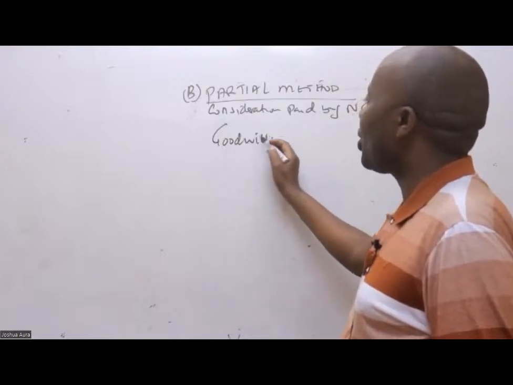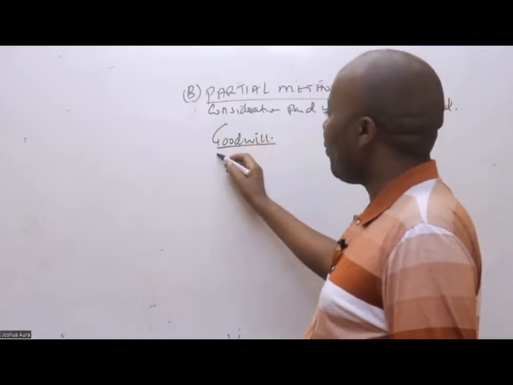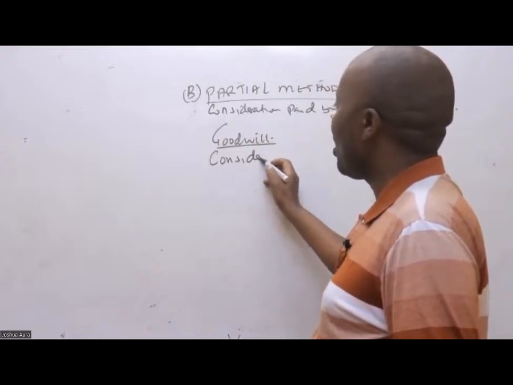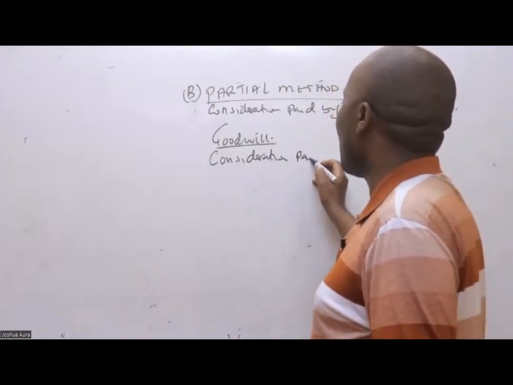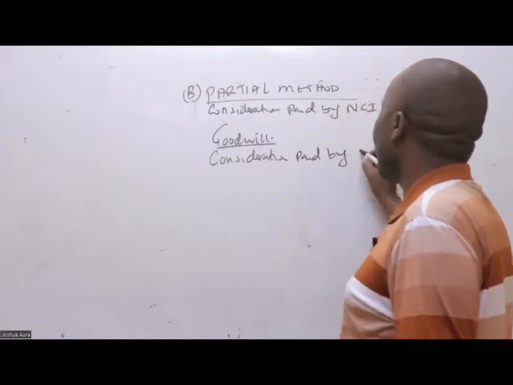So our goodwill computation will look like this. We have the consideration paid by the parent.